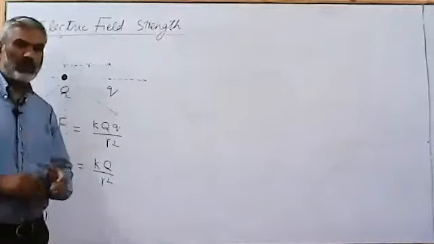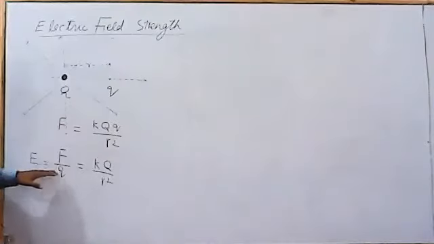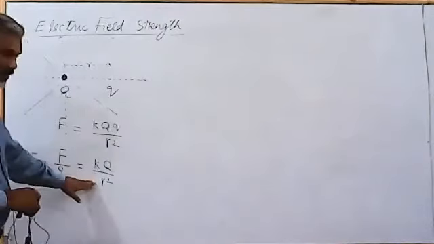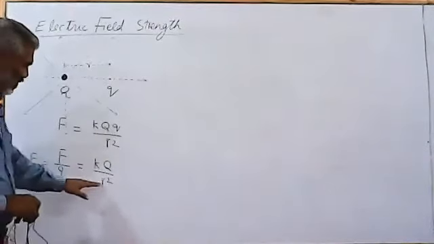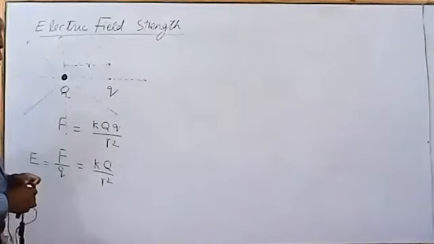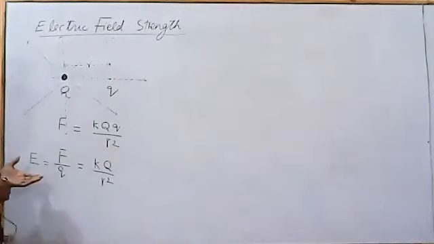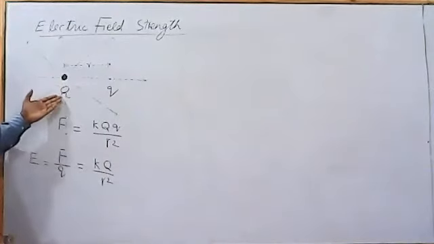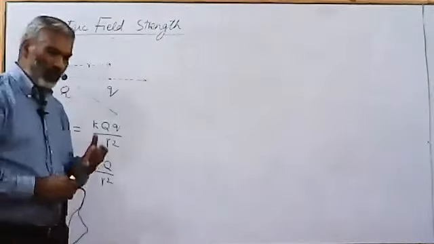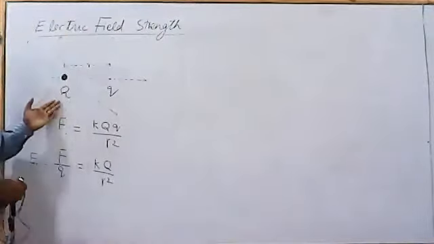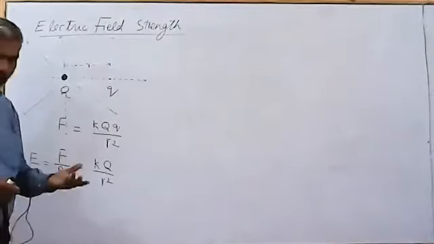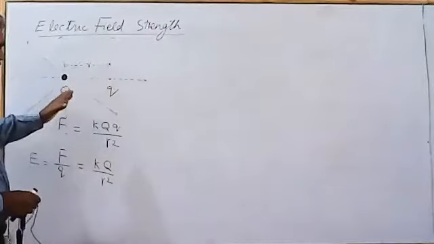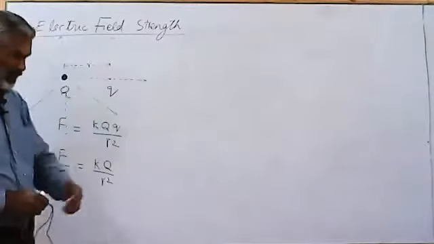So if the force per unit positive charge, F over q, at a position is known, we know the electric field strength there. K Q over R square will always be the expression that we use to calculate electric field strength due to any charge capital Q. This may be a proton, an alpha particle, or the nucleus of gold, and if I know the distance from it, I can calculate how strong its field is.